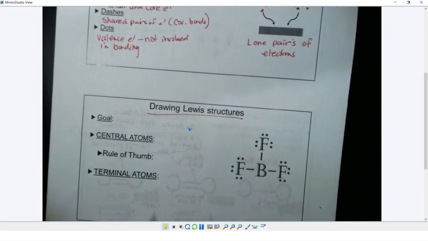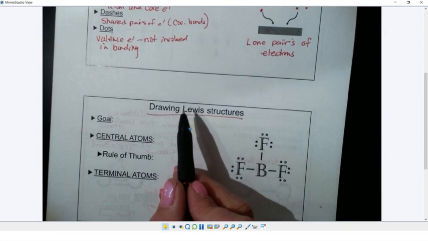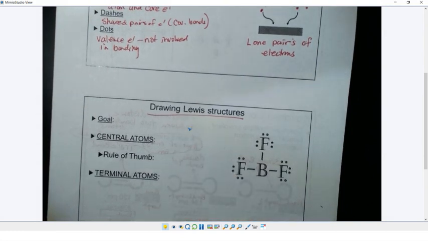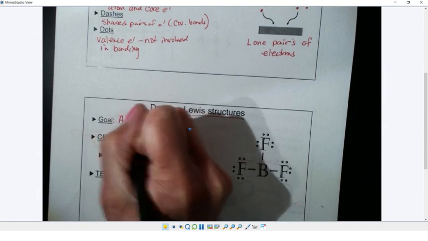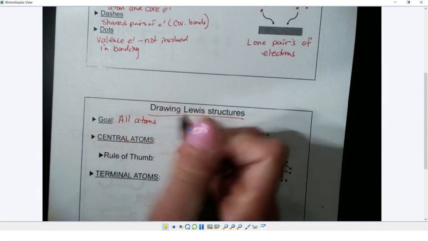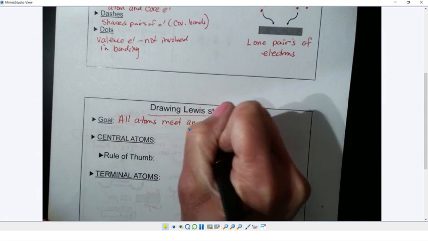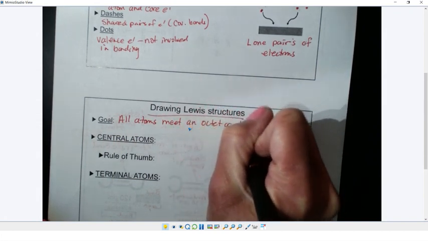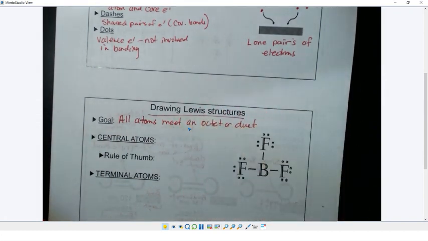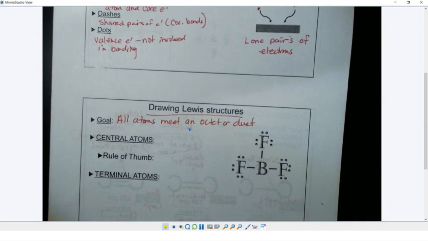The goal in drawing a Lewis structure, you've got two things. First, all atoms have to meet an octet or duet. So all atoms in your structure have to have 8 valence electrons, or 2.